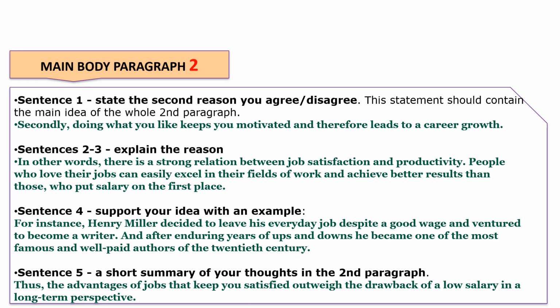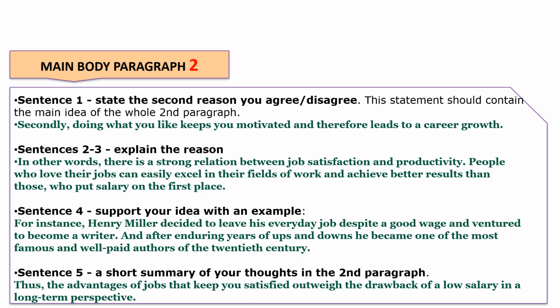And after enduring years of ups and downs, he became one of the most famous and well paid authors of the 20th century. You can give an example of anyone you know in your country who is famous and who was getting a high salary and left that and started doing something he or she loves, and then they got this.